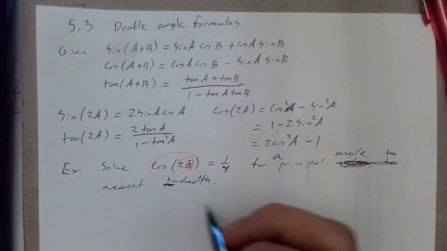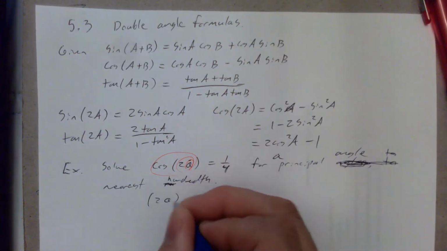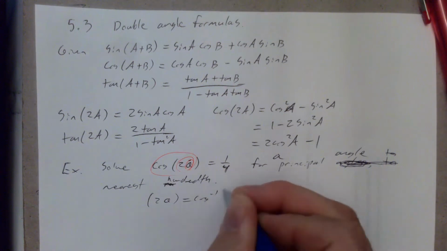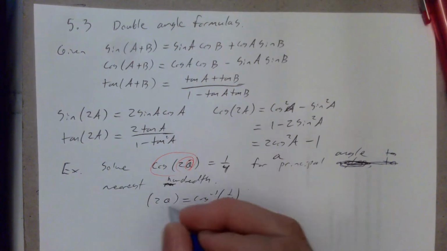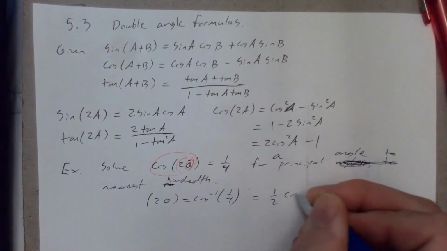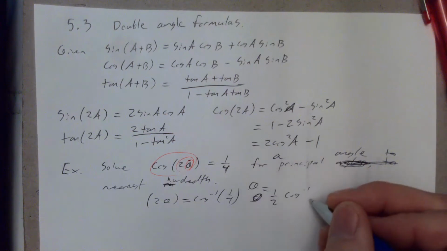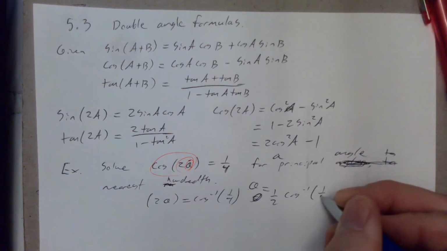I undo the cosine with an inverse cosine, the inverse cosine of 1/4. And then I undo the multiplication of 2 with a division by 2. So I get theta equals 1/2 times the inverse cosine of 1/4.